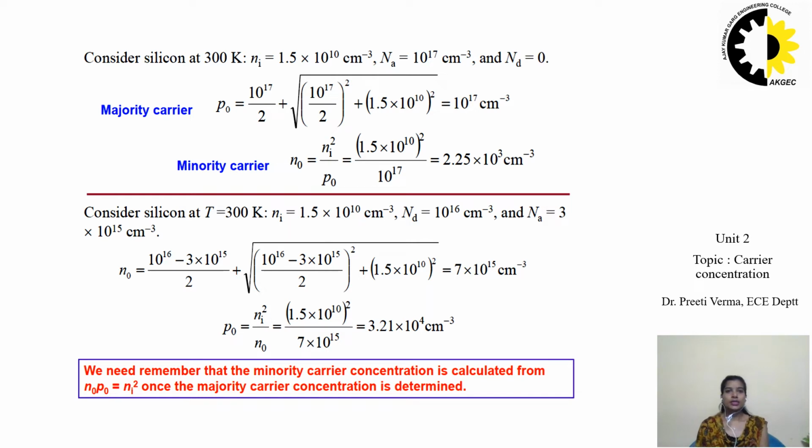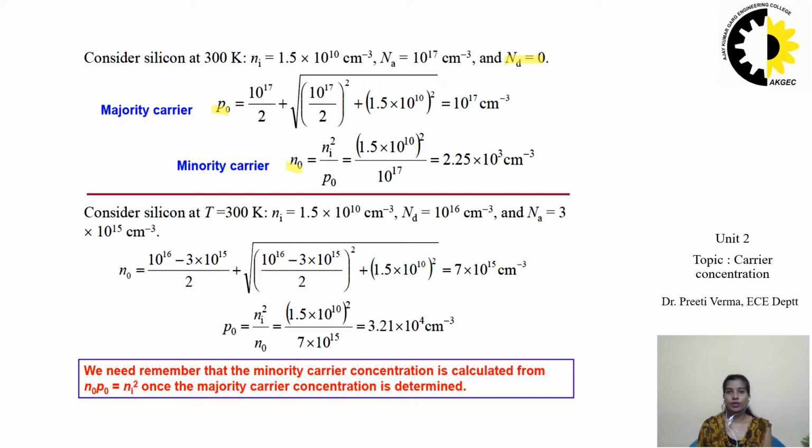So consider silicon at 300 Kelvin. Ni value is given as 1.5 × 10^10 per centimeter cube. Na is given as 10^17 per centimeter cube, and Nd given here is 0. So we need to find the majority carrier concentration P naught and N naught.